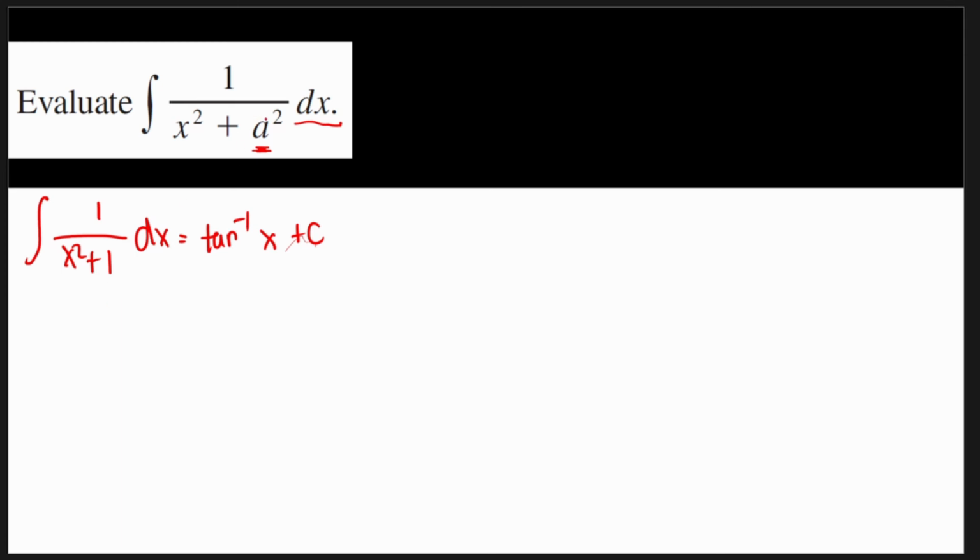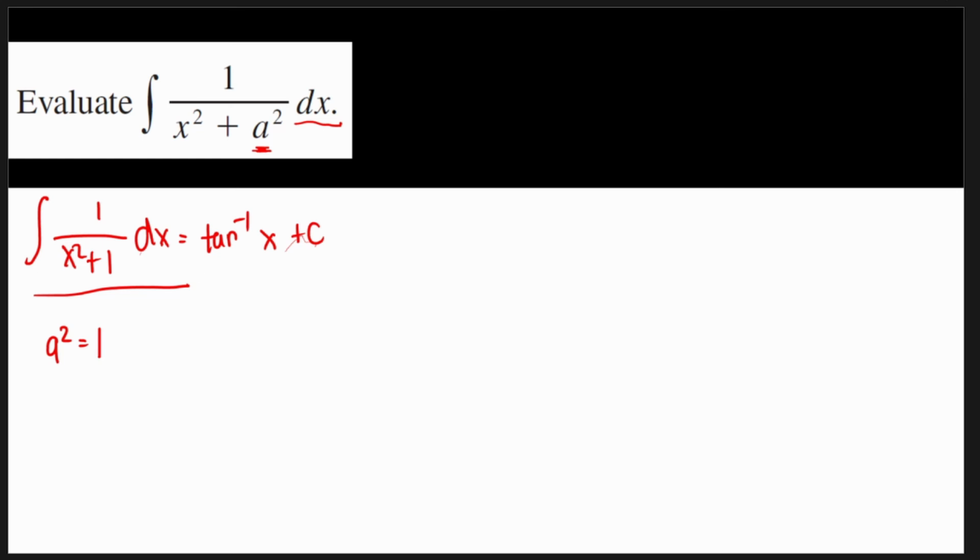This should be equivalent to 1, so a squared should be equivalent to 1, so that we could say that this is an equivalent of a tangent here. However, what should we do so that it will be equal to this particular term?